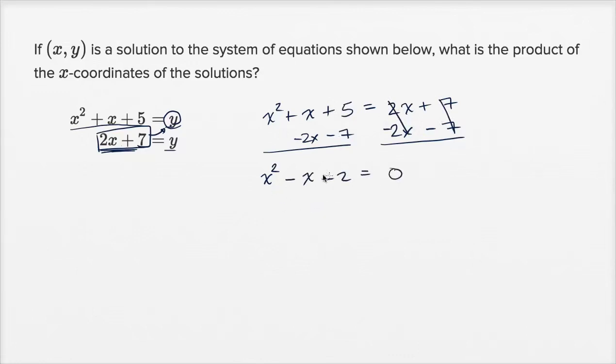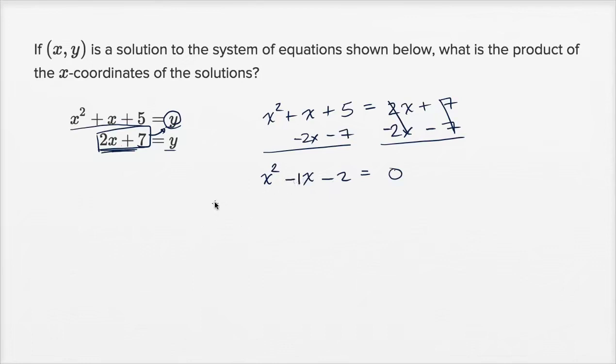And let's see, can I factor this quadratic expression? And if what I'm about to do looks like voodoo, I encourage you to watch the videos on Khan Academy on factoring quadratic expressions. But to factor, or at least attempt to factor, I have to think, are there two numbers whose product is negative 2, but if I were to add them, they add to negative 1? This negative x, the coefficient here, you could think of it as a negative 1.